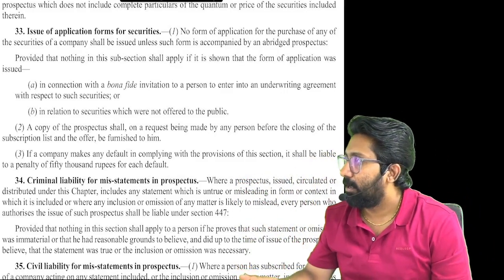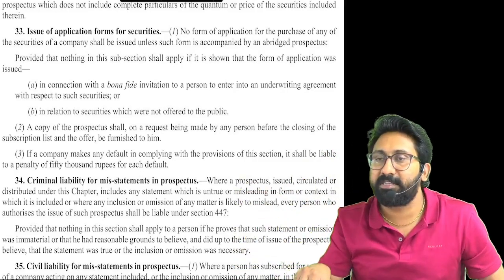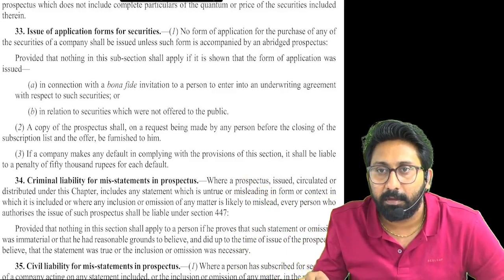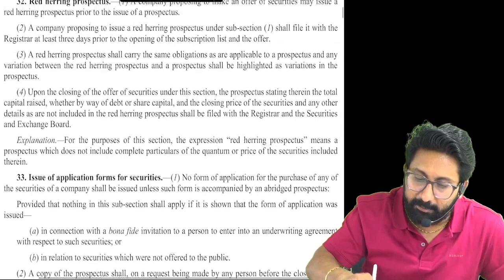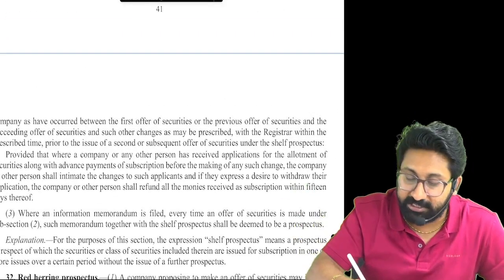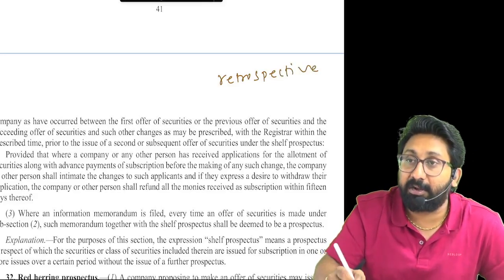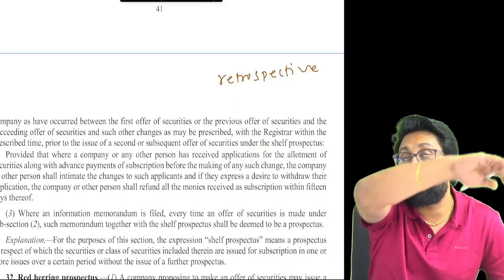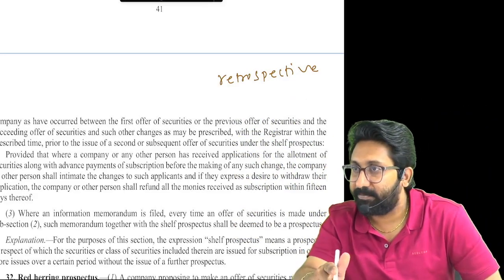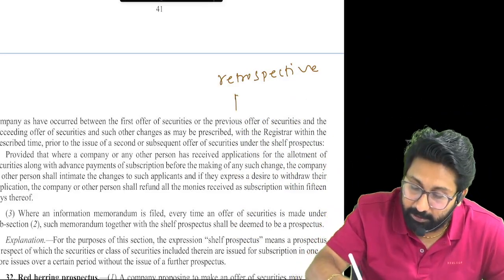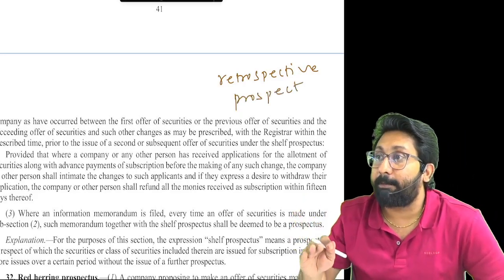Case number 1: if you are going to issue the shares to your members only. What is the name of this chapter? Prospectus. Correct? In depreciation accounting standard, you might have heard retrospective. Retrospective means going back. Going back is called retro. Retrospect. Going forward is called prospect.